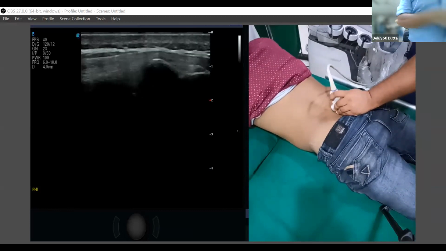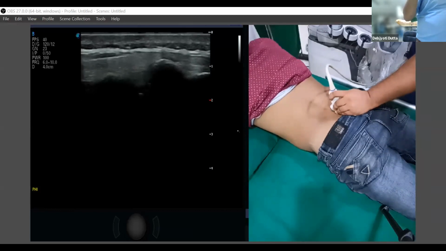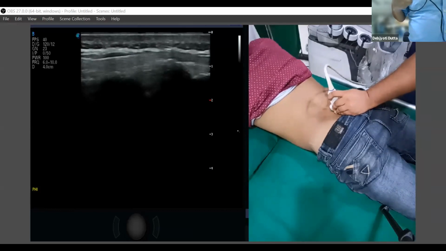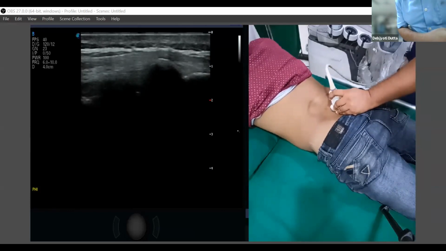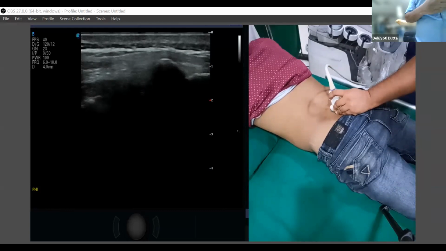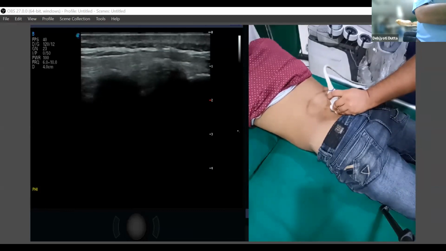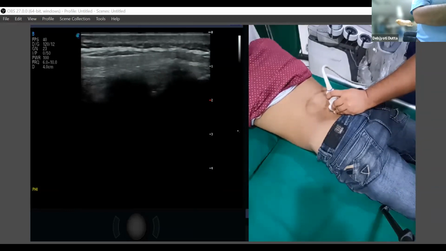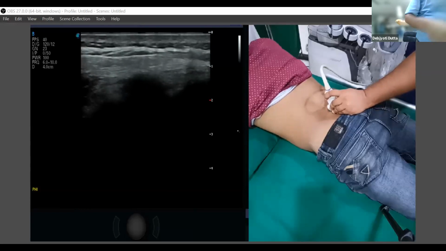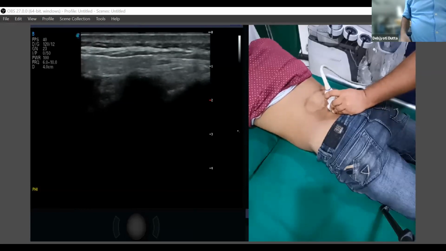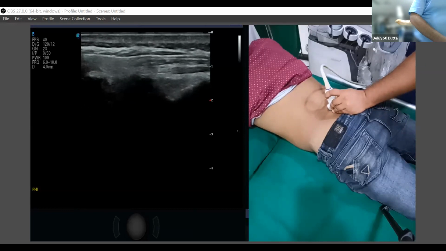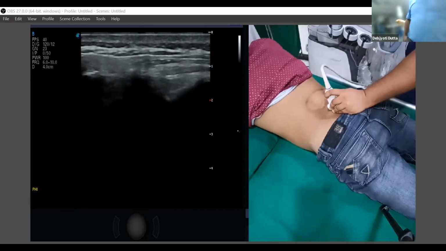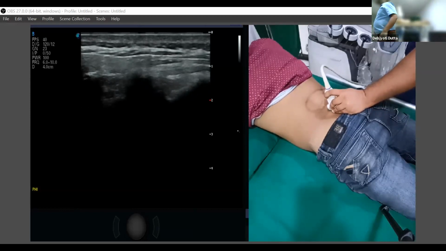Here the left side of the screen is towards the cranial side. So as we move up, up to this level, the echoes are not going in, but just above this level, echoes are going down.